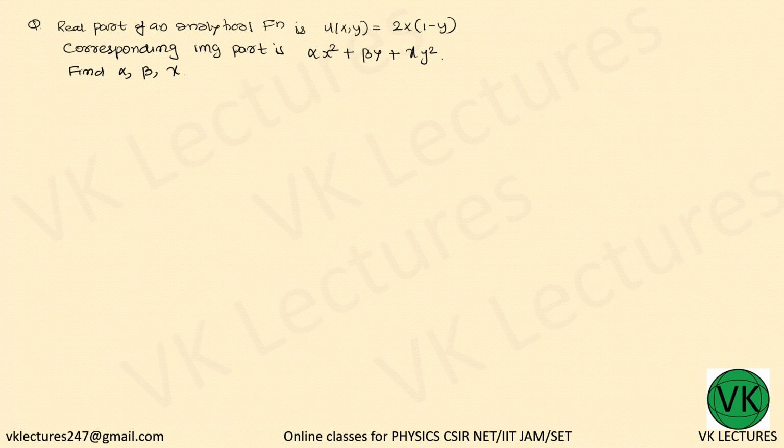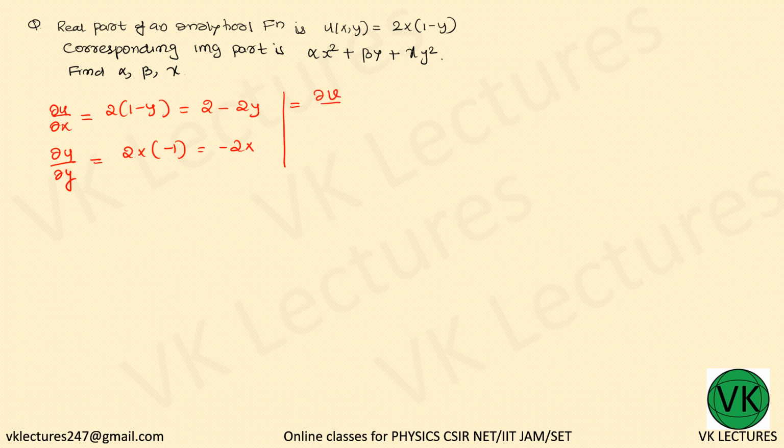So let's start with ∂u/∂x, that's equal to 2 times 1 minus y, that's equal to 2 minus 2y. Now ∂u/∂y, that's equal to 2x into minus 1, that's minus 2x. Now the Cauchy-Riemann equations say the first one, ∂u/∂x is equal to ∂v/∂y.